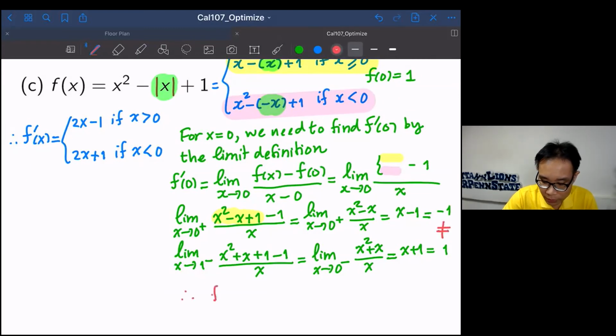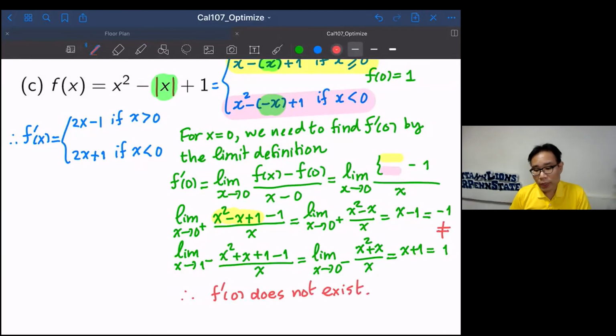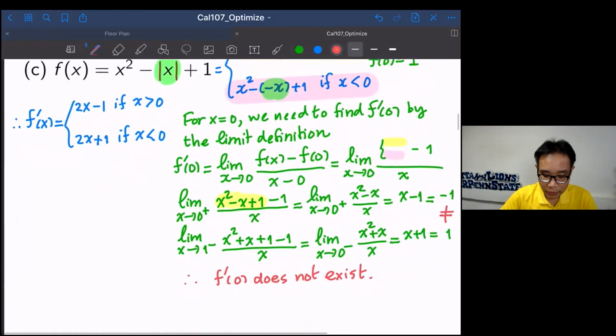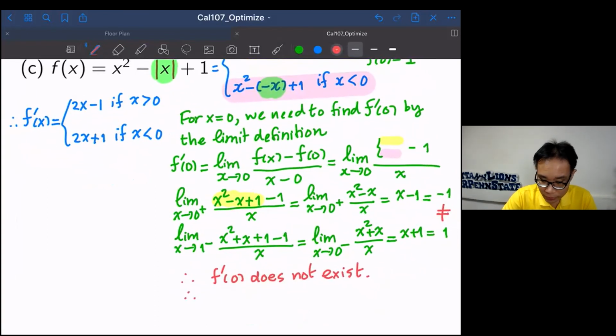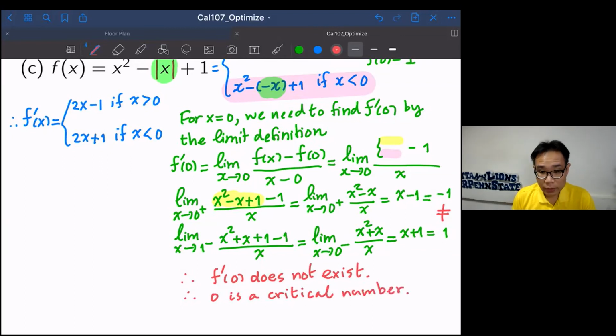So f prime of 0 does not exist. So we have that the derivative does not exist, so 0 is a critical number. Don't forget that the derivative not existing gives critical numbers.